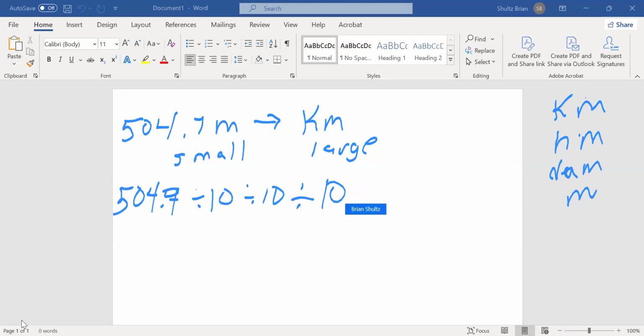And when I divide by 10, it moves the decimal 3 places. If I'm dividing, it moves it left. It makes it a smaller unit. So I move it 1, 2, 3. I can also do this on my calculator. If my calculator will come up, you'll see it. It doesn't look like it's going to.